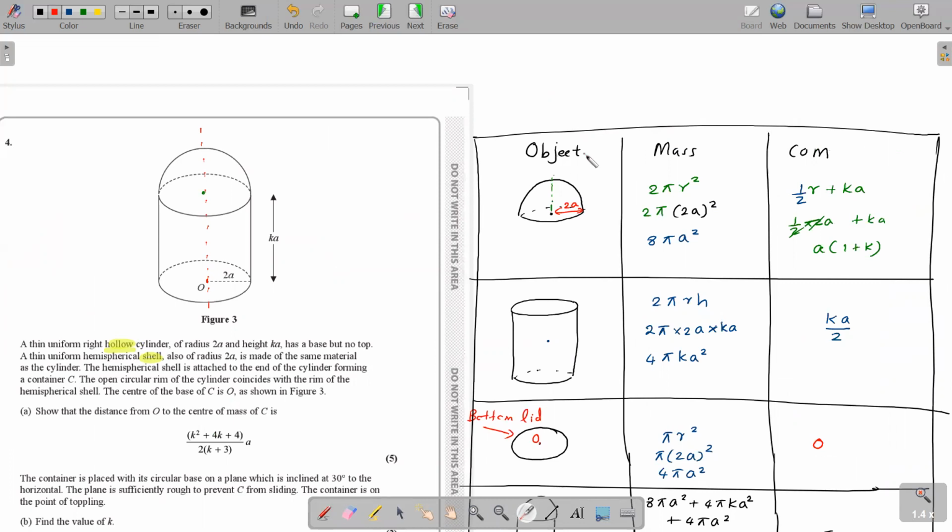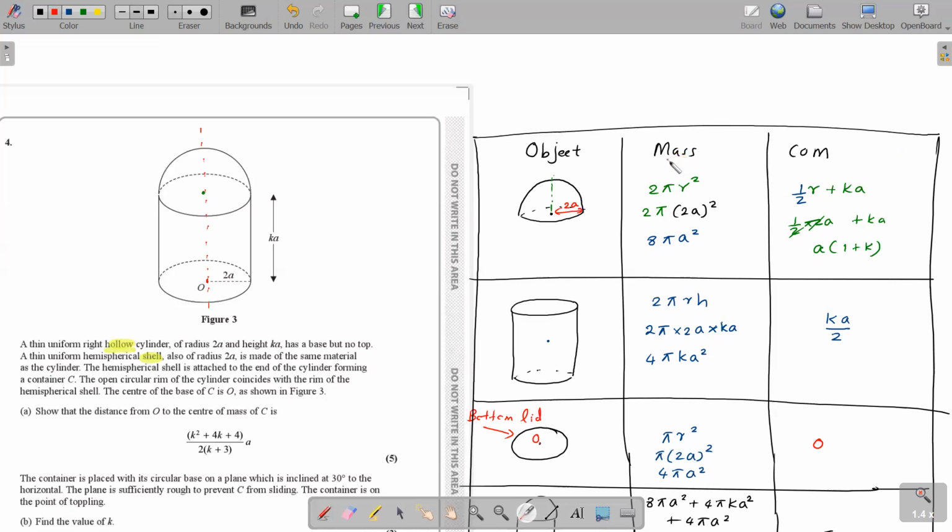So guys, I'm going to break this into object, mass and center of mass. And the first object I'm going to consider is the hemisphere, the hemispherical shell. We are going to write the mass and the center of mass of the hemispherical shell. Normally when it comes to 3D objects, we write the mass by considering its volume. That's the norm, right?